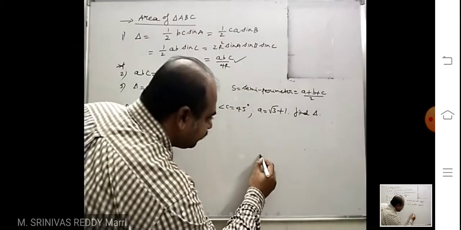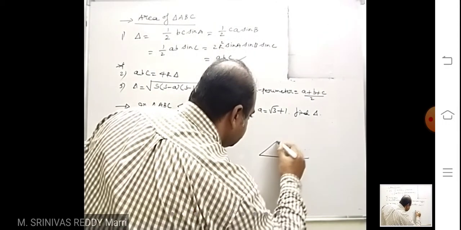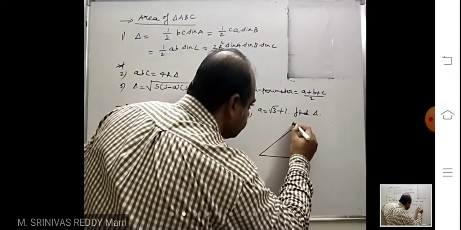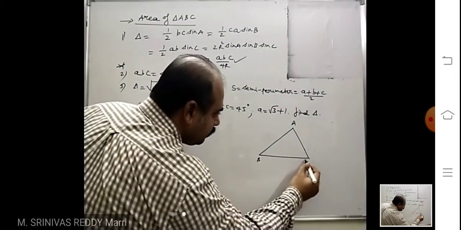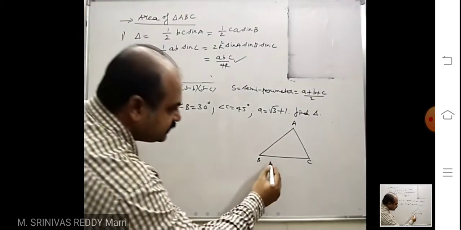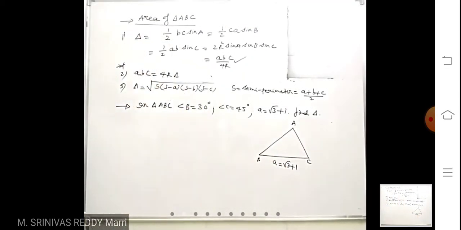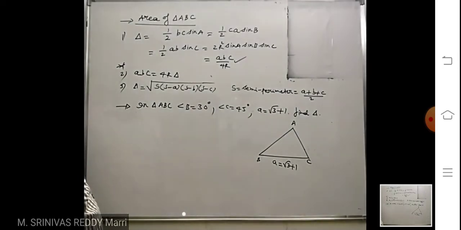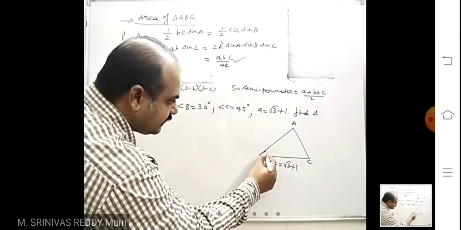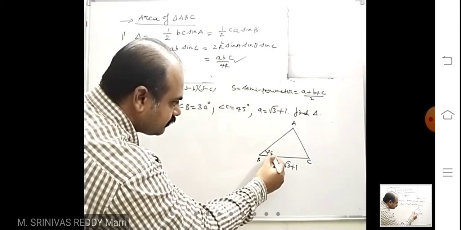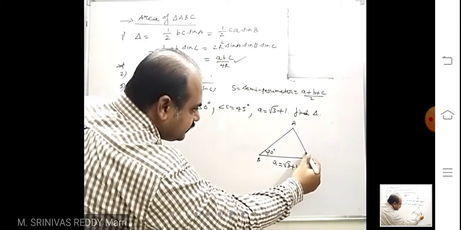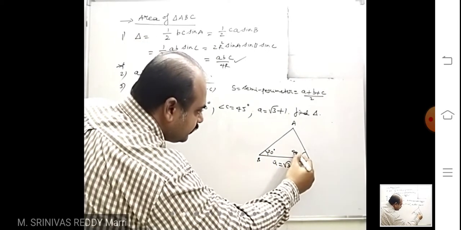Always draw the diagram. A, B, C. So this is given: a equals root 3 plus 1 is given. Right? Then angle B is given as 30 degrees, and this is given as 45 degrees.